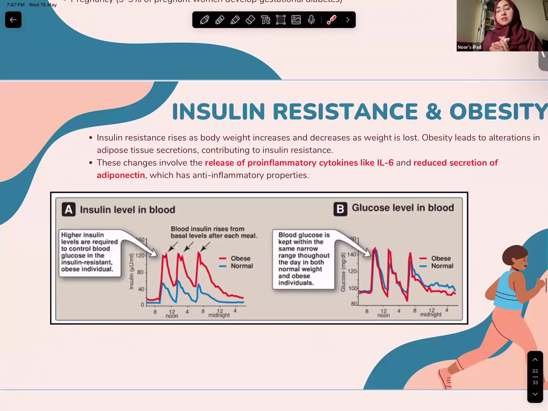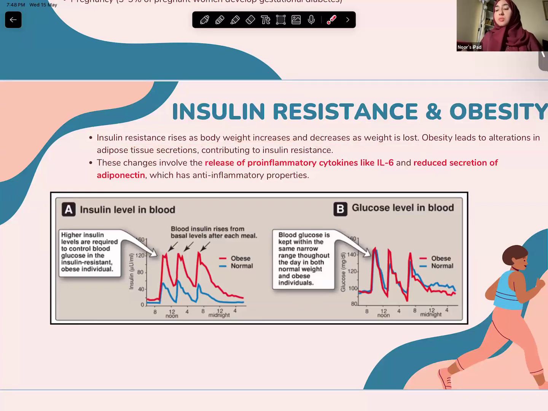Now, insulin resistance and obesity. Okay, so like I said, one of the main reasons why people develop insulin resistance is obesity. Insulin resistance rises as body weight increases and it decreases as weight is lost.